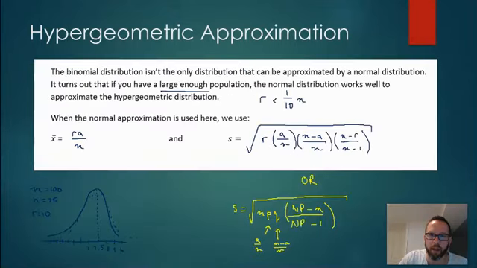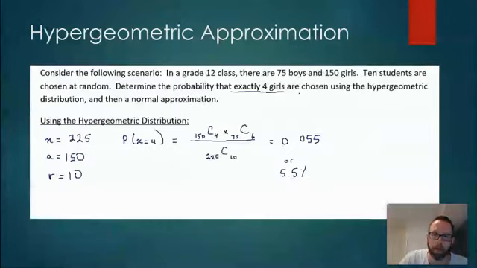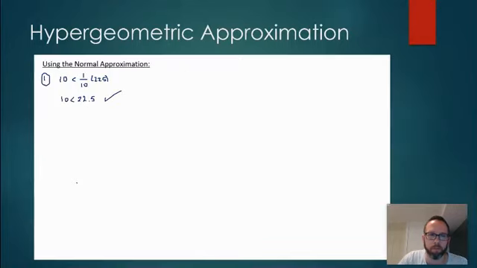Our condition is that the sample size is less than 1/10 of the population. The population is 225, and 1/10 of that is 22.5. So as long as our R value is under 22.5, we can use the approximation. So we're good.